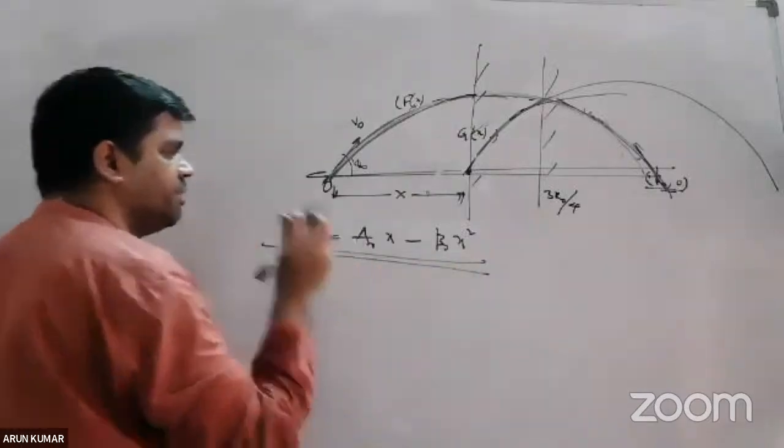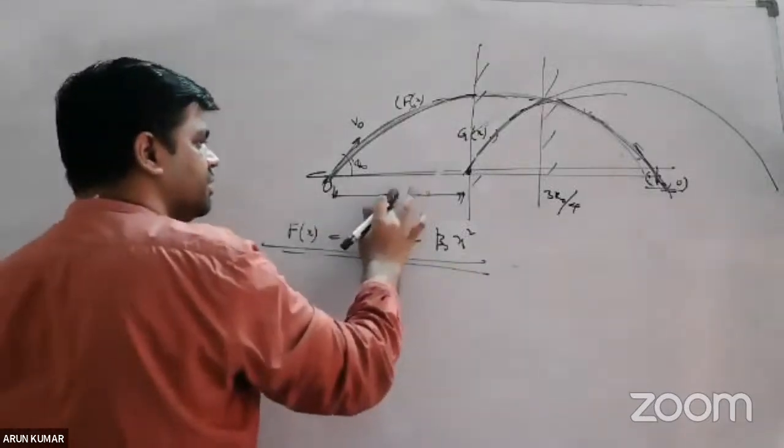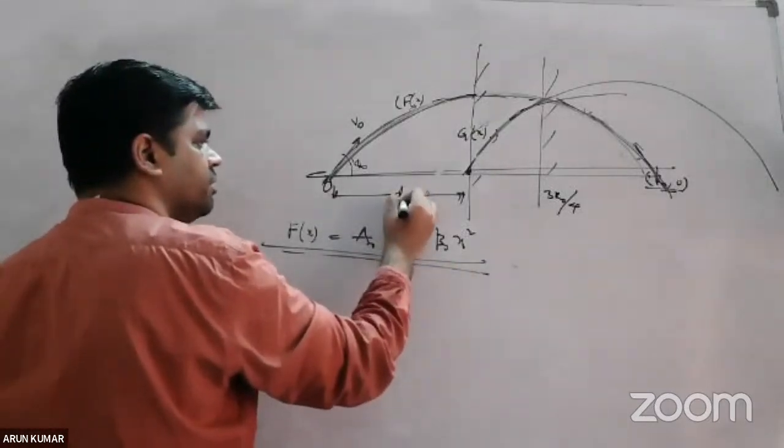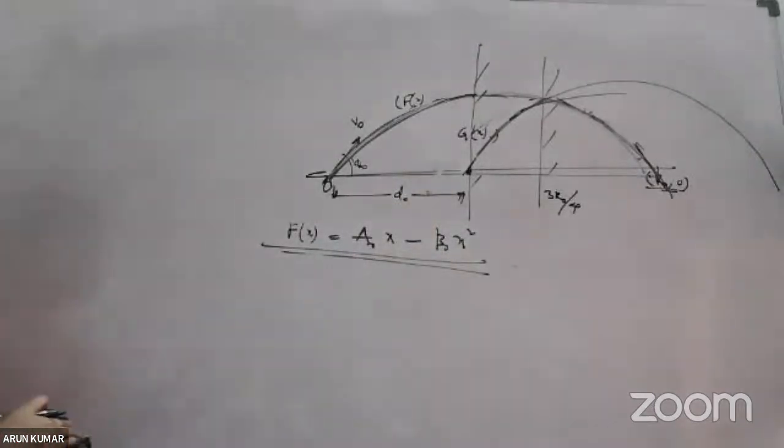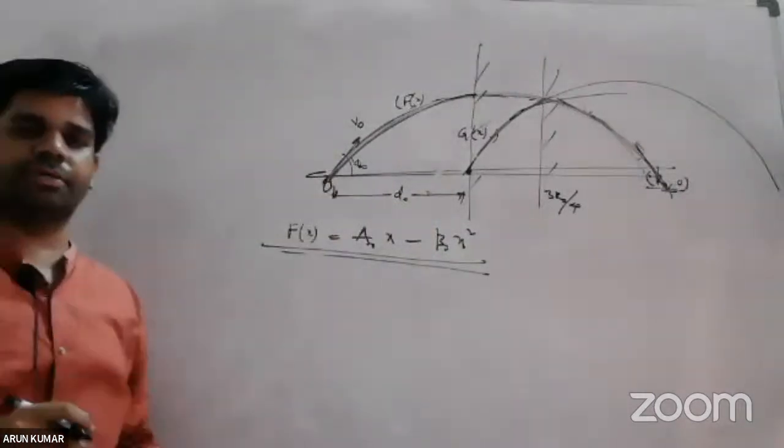I want g of x, and let's say this is d, or d naught, where it is sitting.